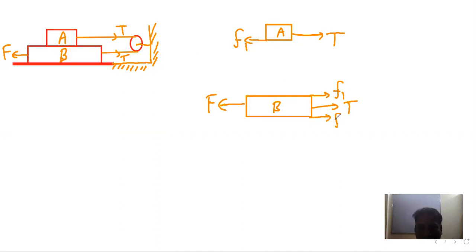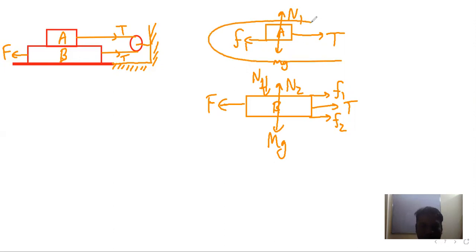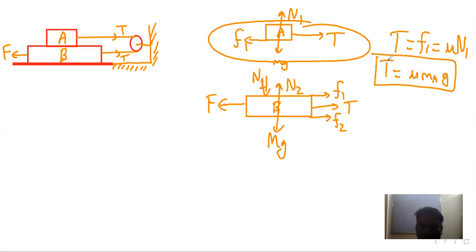The friction will be in the backward direction, F2, between ground and block B. Then we have capital Mg in the downward direction, and small mg in the downward direction. Normal reaction N2 upward, normal reaction N1 upward, and normal reaction by small m on capital M in the downward direction. So these are the forces. So horizontal force balance here gives T is equal to F1 is equal to mu N1. So T comes out to be mu m_A into g. So this is the value of tension force.